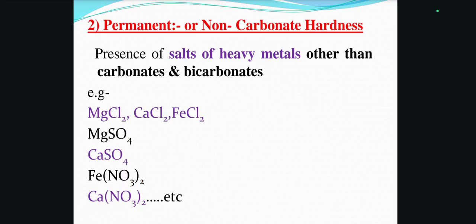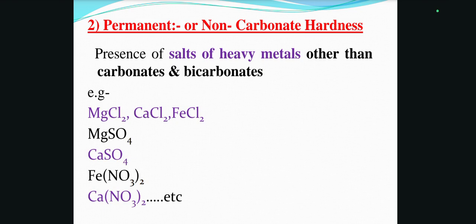So what are the examples? Magnesium chloride, calcium chloride, iron chloride, magnesium sulfate, calcium sulfate, iron nitrate, calcium nitrate, or you can say iron sulfate, right? So these are the salts that are responsible for making water permanently hard. So here keep in mind the simple difference.